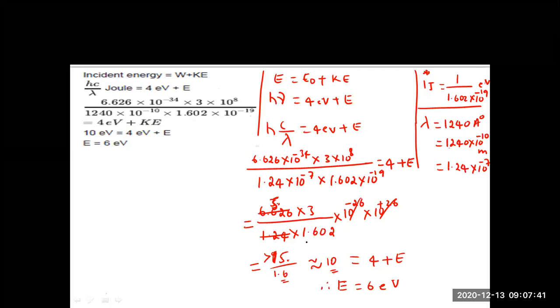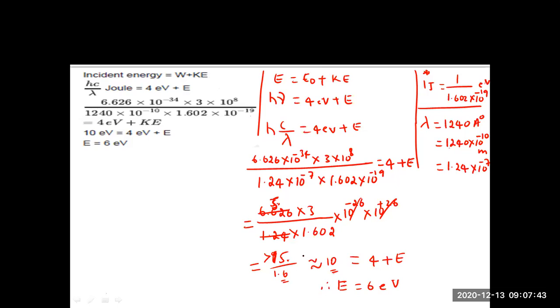This is an approximate simplification, otherwise it takes time. Is it done, all of you? Yes, sir. Okay. Fine, thanks. I'll proceed.